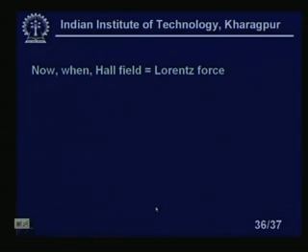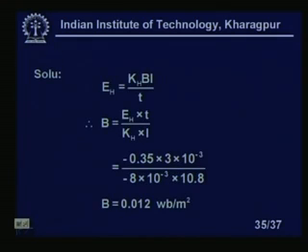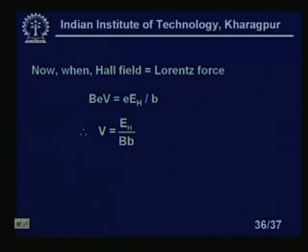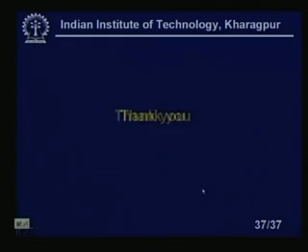Now, the Hall field and the Lorentz force must balance. Here v is the velocity of the electrons inside the Hall sensor. So, E_H = B v, and therefore v = E_H / (B b), where b is the dimension of the Hall plate. This gives you the speed of the electrons as 9722 meter per second, right.